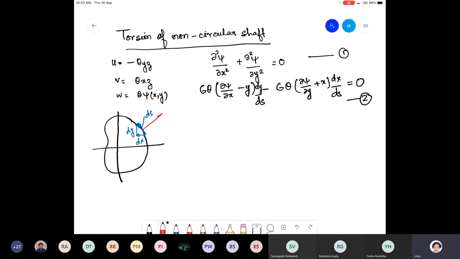Okay, so in the last class, we moved into torsion of non-circular shaft, which is given by Saint-Venant's theory, Saint-Venant's torsion theory.